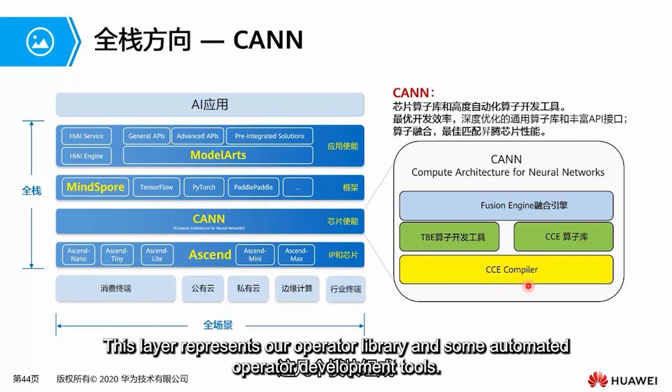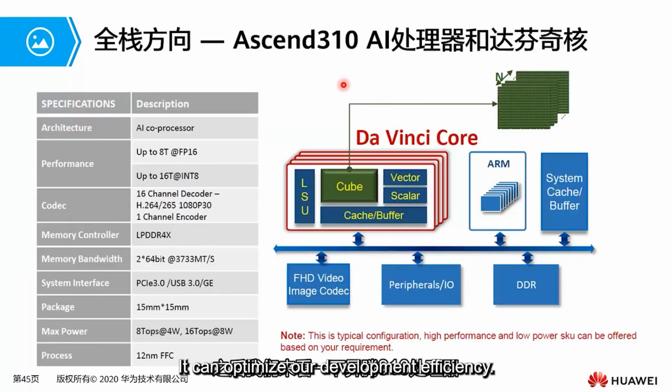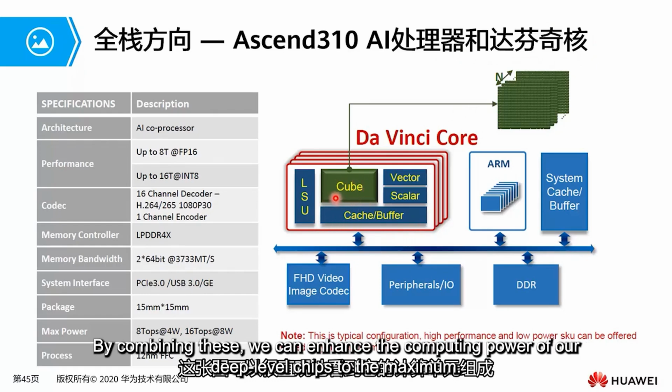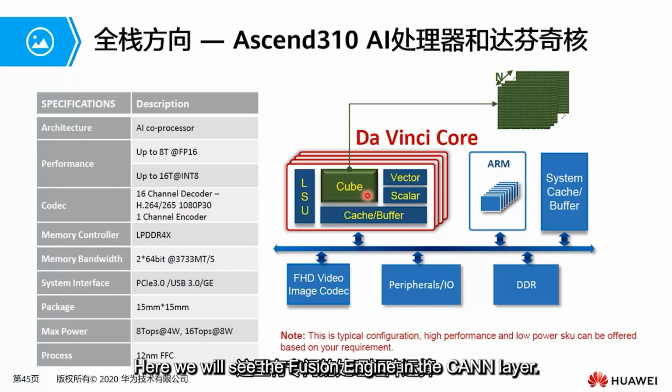Next, let's take a look at the composition of the Ascend 310 processor and its DaVinci core. In this diagram, we can visually see some of its computational units. When we look at the DaVinci core, its main advantage is reflected in our computing units. Here we have 3 dedicated operation queues for matrix operations, vector operations, and scalar operations.